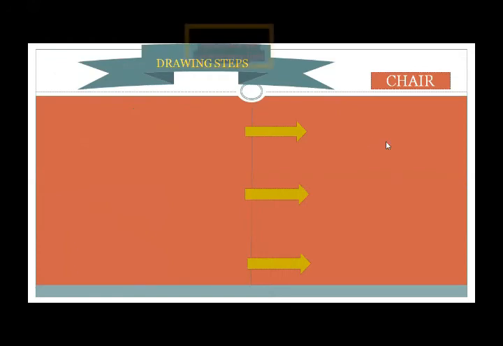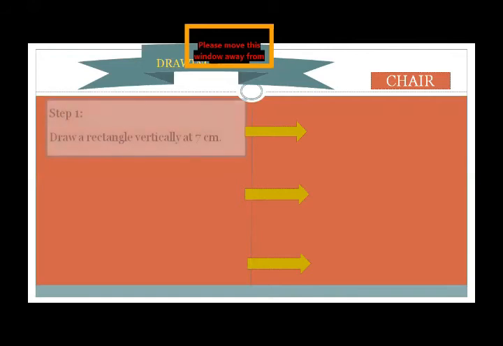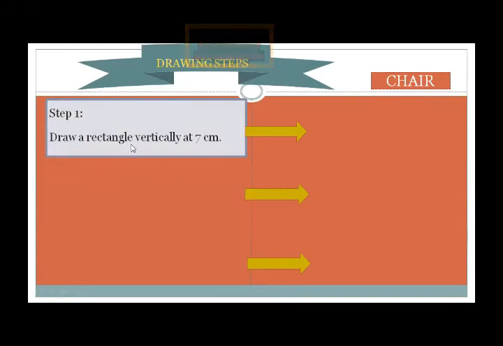The next one is, I am sharing with you the drawing steps of a chair. A chair has 4 legs but never walks. I have asked you, the chair has 4 legs but never walks. So I am discussing with you step number 1, how you will draw a chair in your drawing copy. You will follow these steps. Draw a rectangle vertically at 7 centimeters.